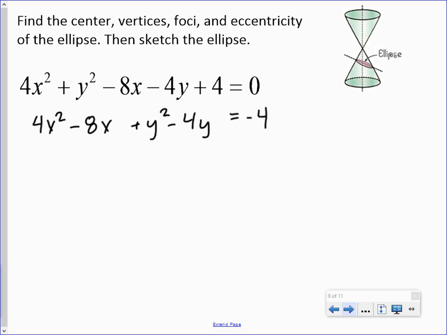Now, remember back from chapter 2 in semester 1. In order to be able to complete the square for something like 4x squared minus 8x, the leading coefficient to your x squared term must be 1. Since you have a 4 in front of x squared, you're going to have to factor that out before you complete the square.